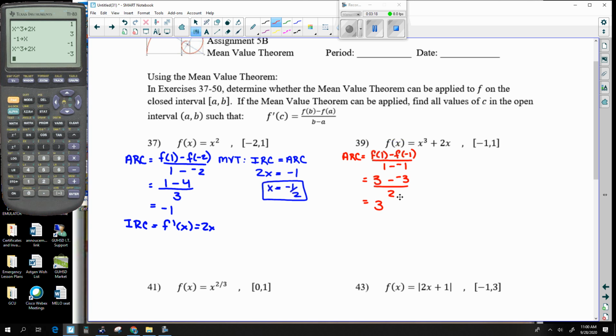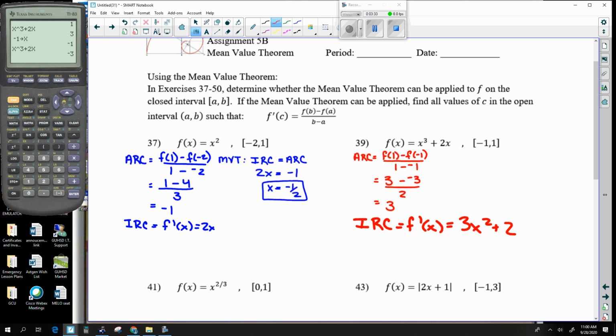I need to find the instantaneous rate of change. So the instantaneous rate of change is the derivative. That's going to be 3x squared plus 2. Now I can go ahead and use the mean value theorem, which says that the instantaneous rate of change is equal to the average rate of change.